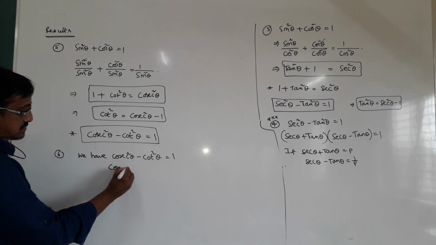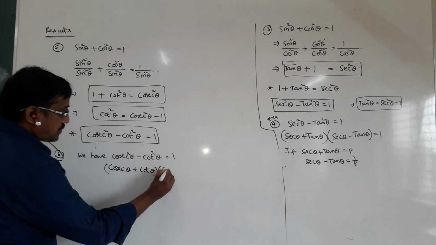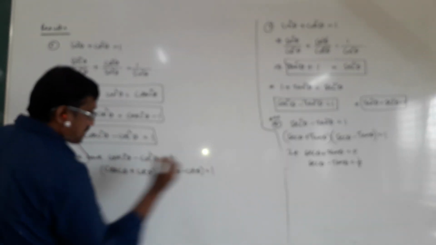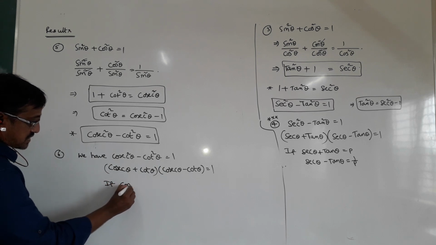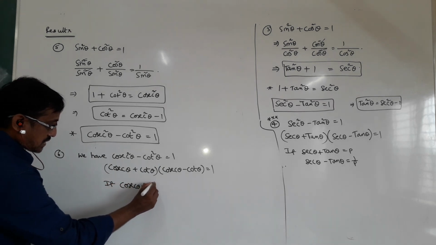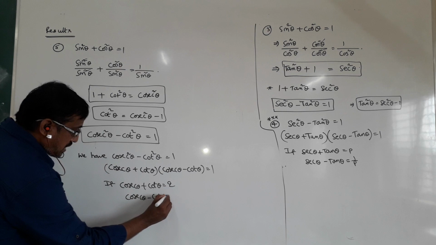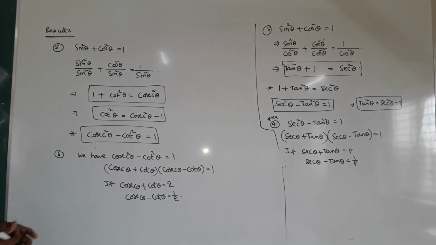That is, cosecant theta plus cot theta into cosecant theta minus cot theta is equal to 1. Now, if cosecant theta plus cot theta is equal to q, then cosecant theta minus cot theta is equal to 1 by q. These are the formulas we are going to use.